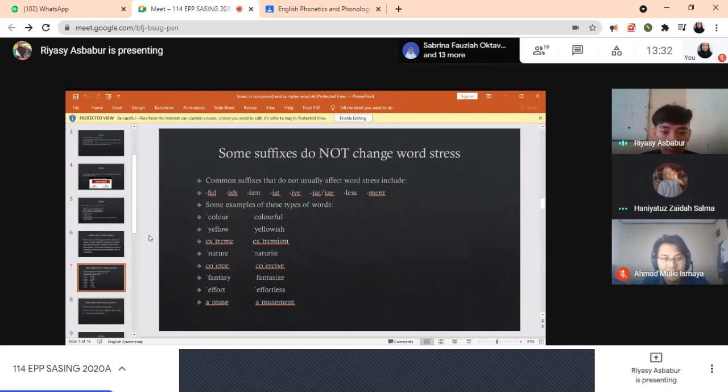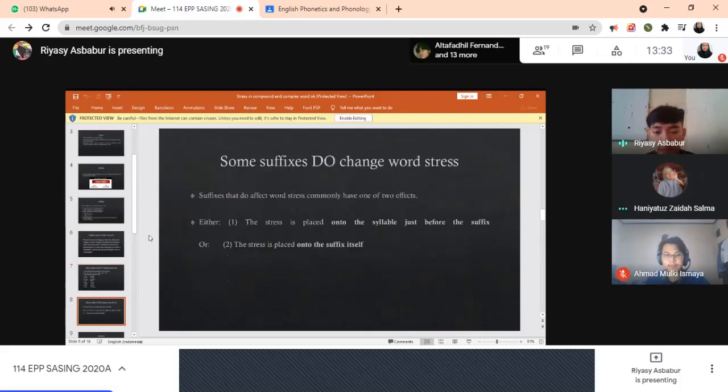Some examples of these types of words are color, colorful, yellow, yellowish, extreme, extremism, nature, naturist, coerce, coercive, fantasy, fantasize, effort, effortless, amusement. So you can see the stress is not changed at all.